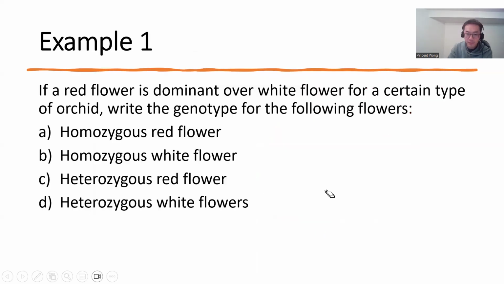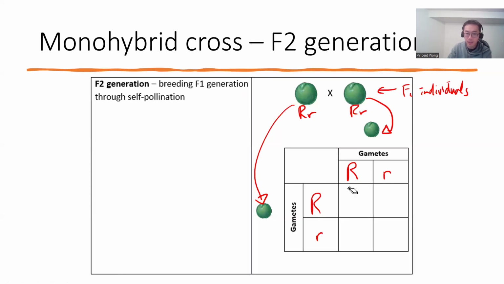Okay, so if the big R here and the big R come together, you get that. This and this together, we get big R, small r. This and this together, also big R, small r. And finally, small r, small r.